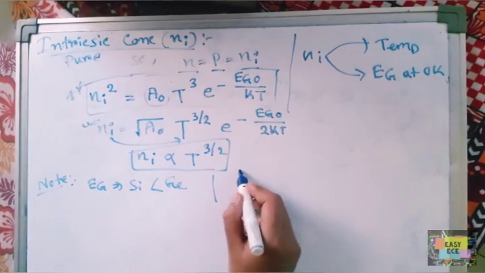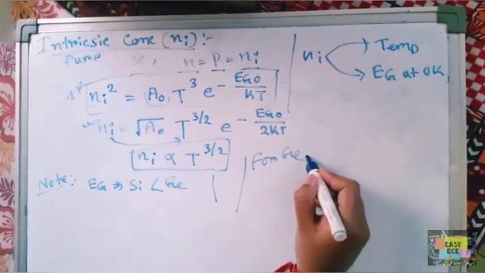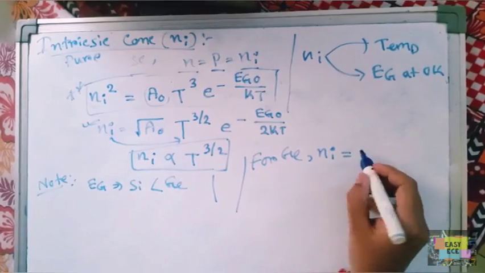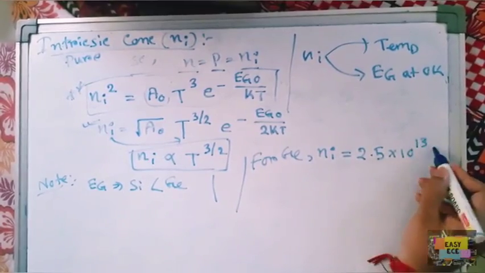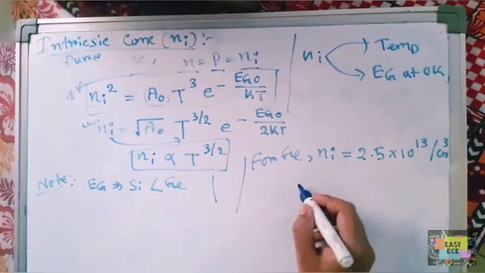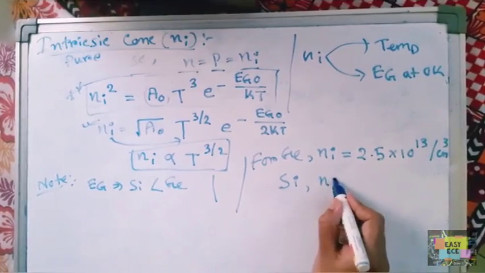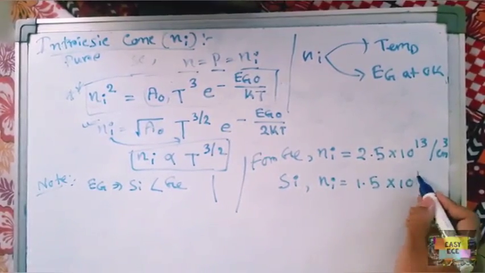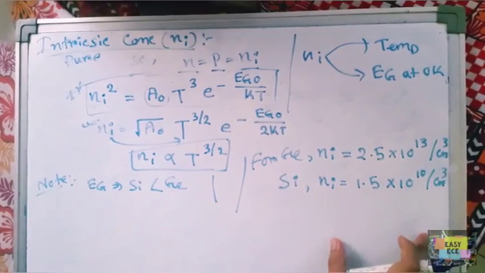For germanium, the intrinsic concentration ni is 2.5 into 10 to the power 13 per centimeter cube, which you need to remember. And for silicon, the ni value is 1.5 into 10 to the power 10 per centimeter cube.